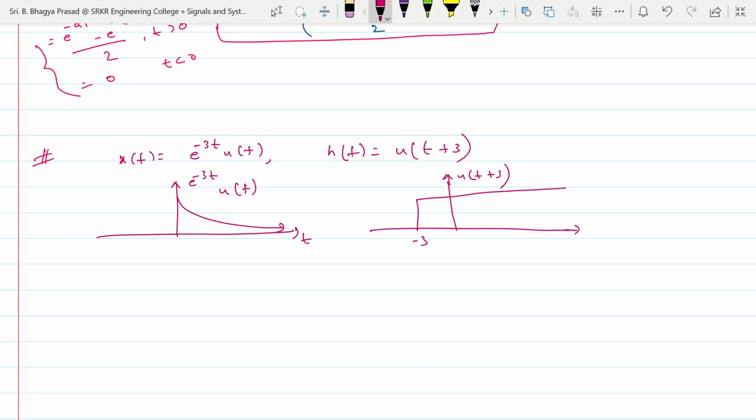Okay, so let us fold the signal. Let us time fold the signal h of t. You can time fold the signal x of t also.